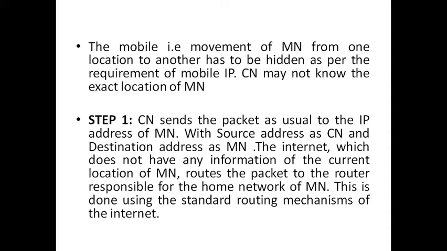As usual to the IP address of the MN means the permanent IP address of the mobile node, nothing but the home network of the mobile node. This means the correspondent node sends an IP packet with MN as the destination address and CN as the source address.